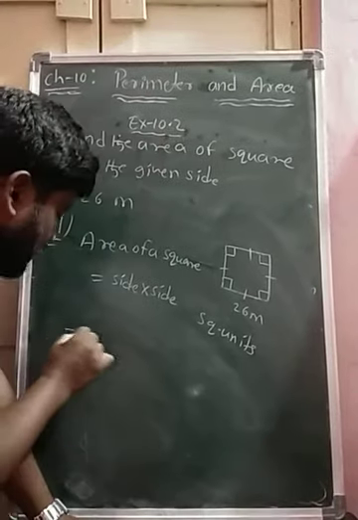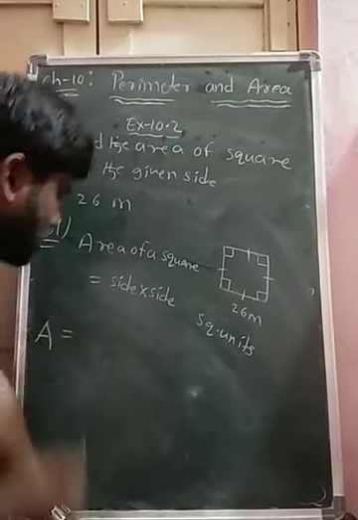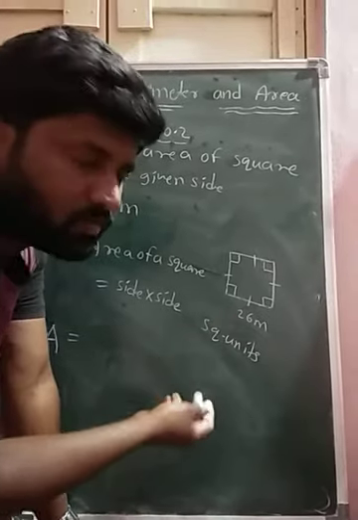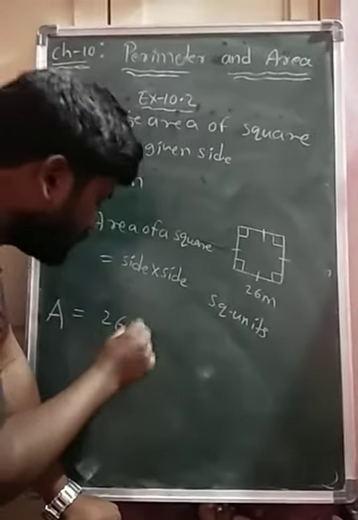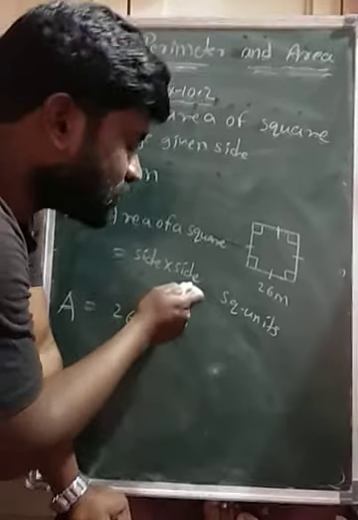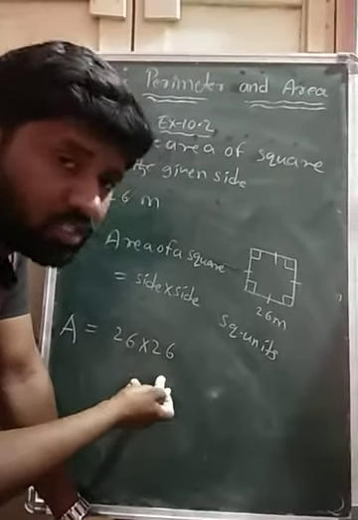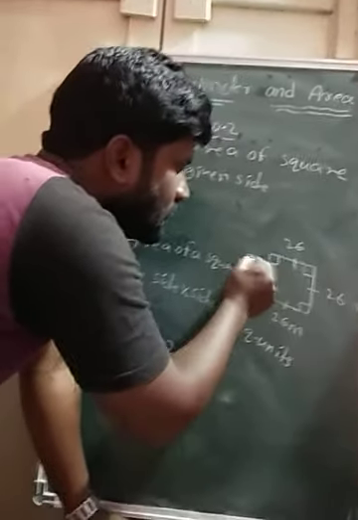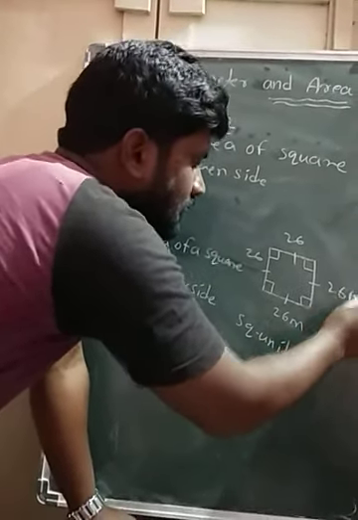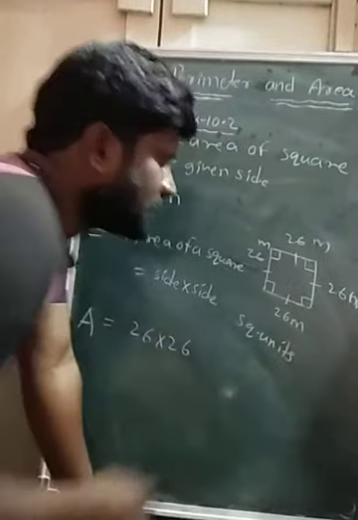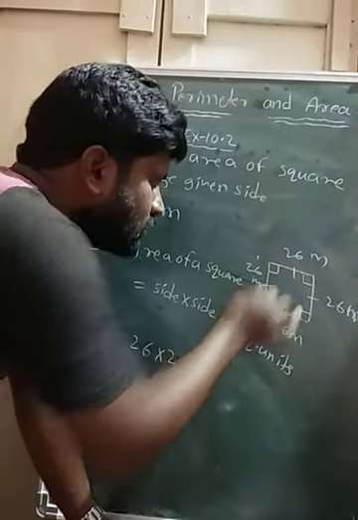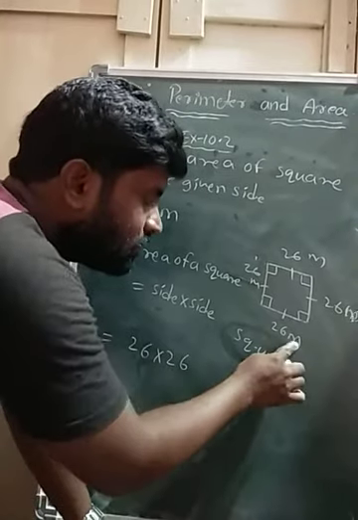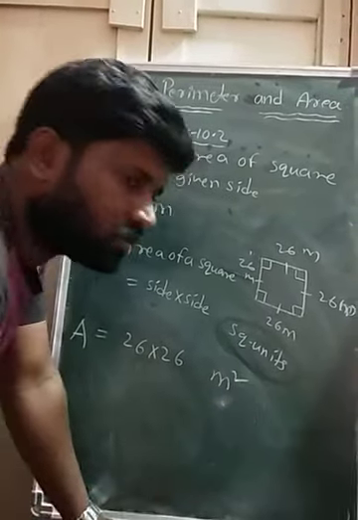Now area A is equal to the side, which is given as 26, so 26 into 26, because all sides are equal in length. What are the given units? Units are meters, so that is square meters.